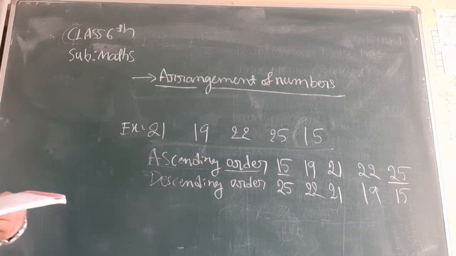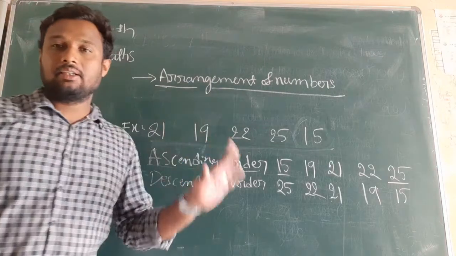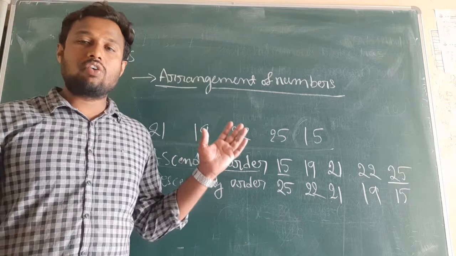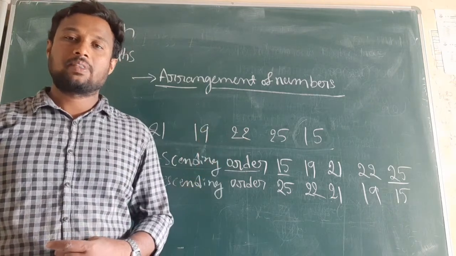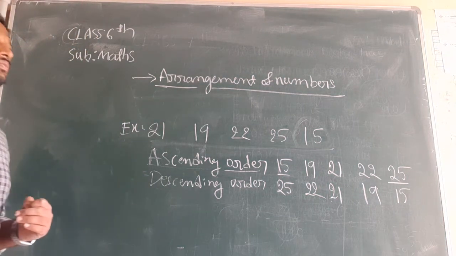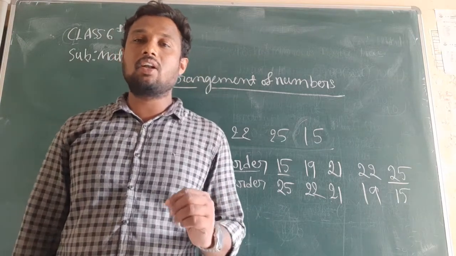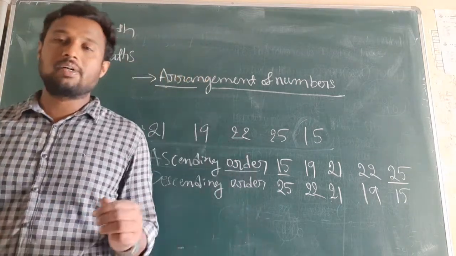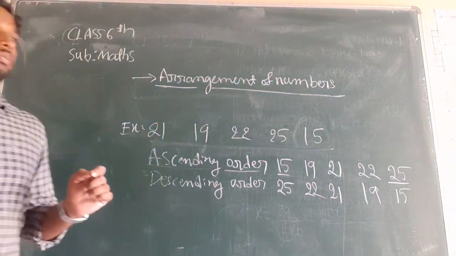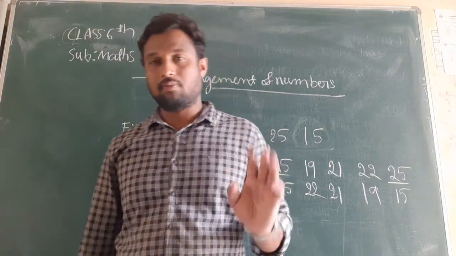Below this heading write that arrangement of numbers means writing numbers in a particular order. If it is fast, we can pause the video and write. Arrangement of numbers means writing numbers in a particular order.